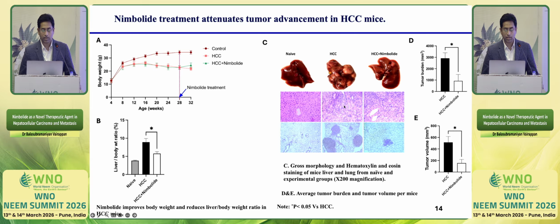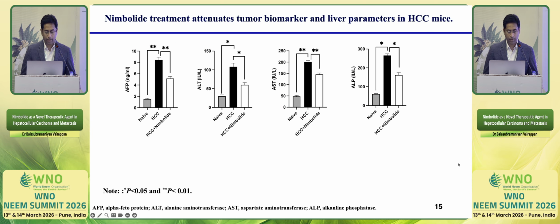You can see here in HCC mice a typical feature of human HCC: increased nucleus, atypical cells and hyperchromasia, which are key clinical features of human HCC, and these are reduced by nimbolide treatment. We also calculated the tumor volume and tumor burden, which are reduced by nimbolide treatment.